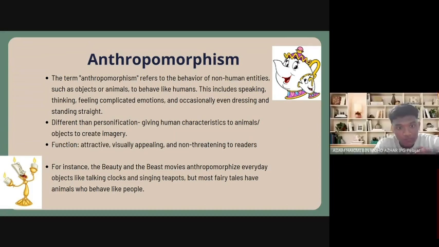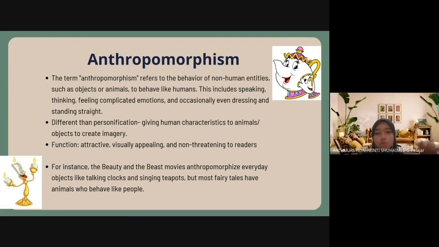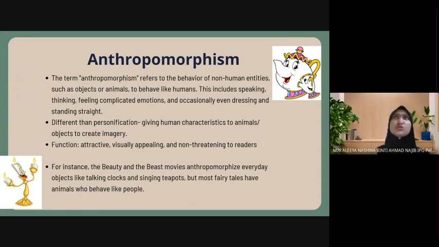So is it more to the verb, like the action? It's more to the character itself.